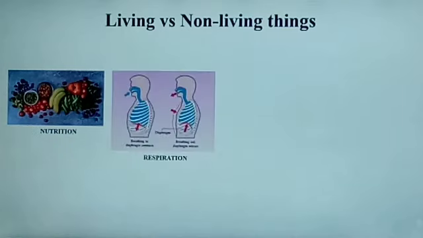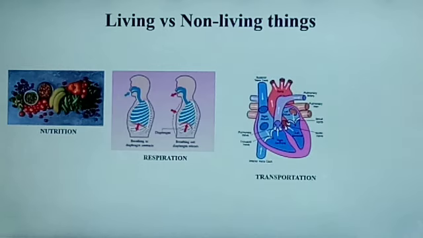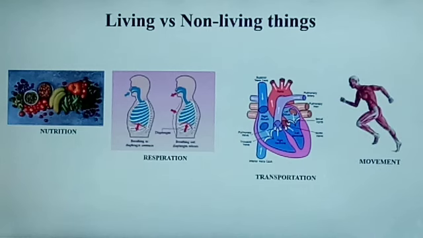Living things breathe, they respire, they take in oxygen and remove carbon dioxide from the body, so they need oxygen for survival. Living things transport the energy formed in one part of their body to other parts, which is known as transportation. And living things move from one place to another, from one direction to another. So these basic functions are only performed by living organisms, which differentiates them from non-living organisms.